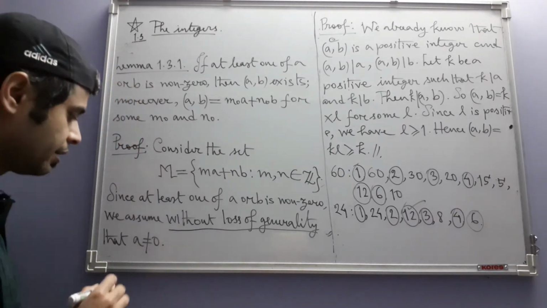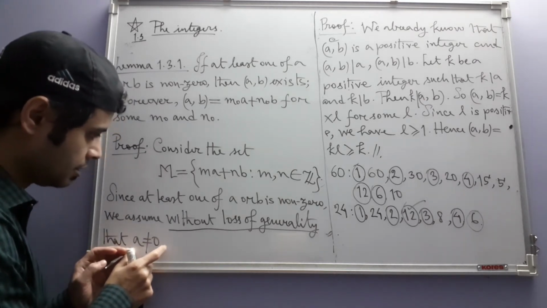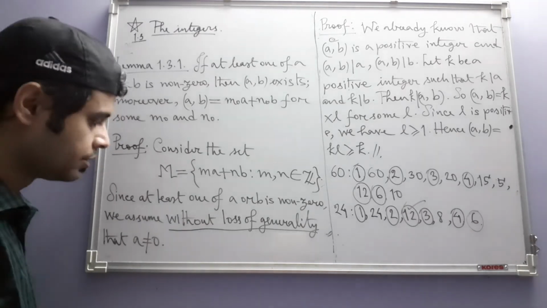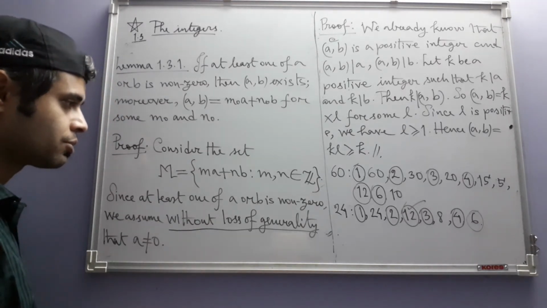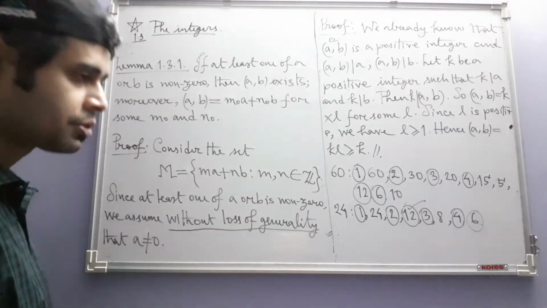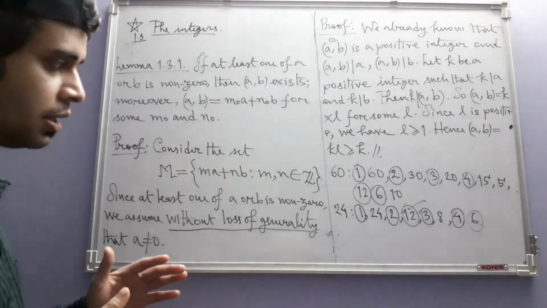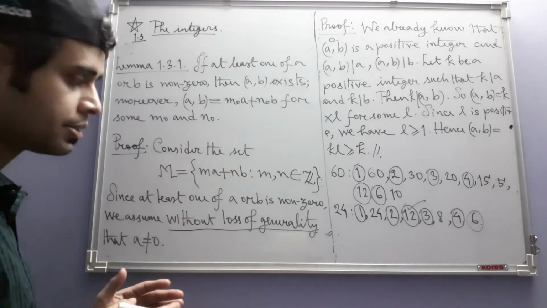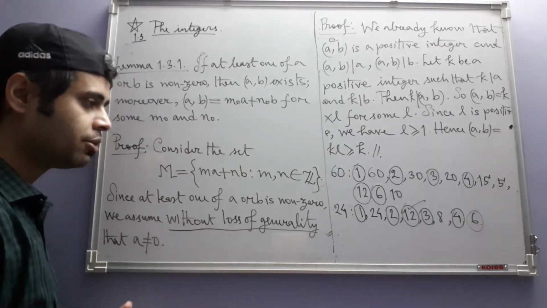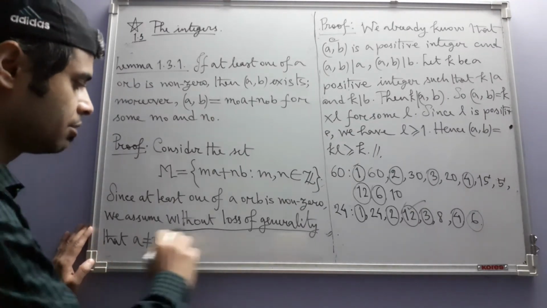The thing is that if someone considers this case and proves the result, then someone goes to the other case where B is not equal to 0, and also proves the result. Looking at those two proofs, he or she will realize that one of them need not be written at all. So in that sense, without loss of generality.